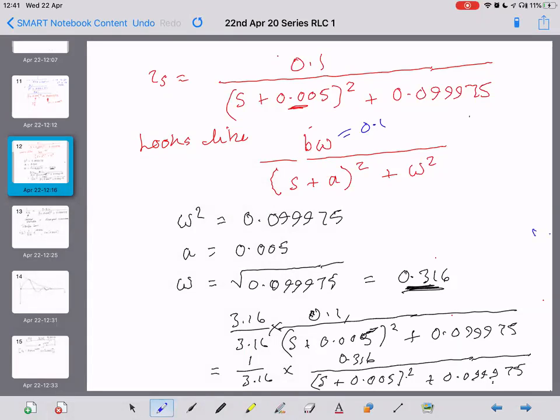So B times omega equals 0.1. Therefore the constant multiplier, we know what omega is, it's 3.16.